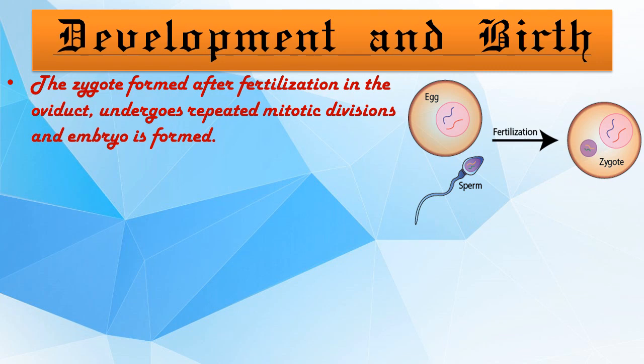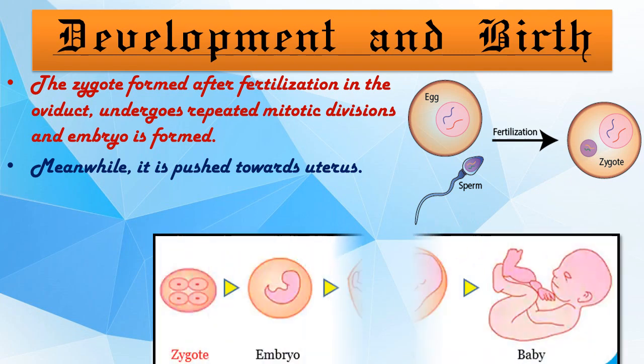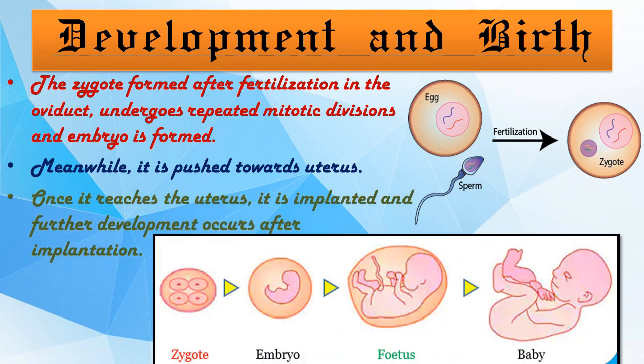An embryo is formed after the fertilization, and meanwhile it is pushed towards the uterus. After fertilization, the zygote is formed and divides by mitotic division in the oviduct. As it develops, it is pushed towards the uterus of the female.